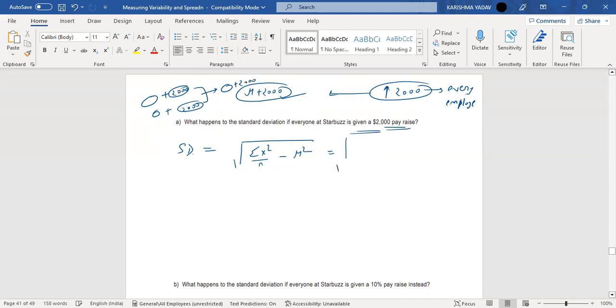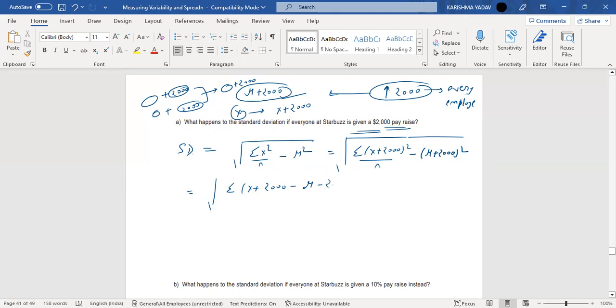So the result here is the mean is increased by 2000, that is mu plus 2000 whole square. Similarly, we have increased the pay from x to x plus 2000. So the formula is sigma x plus 2000 minus mu minus 2000 whole square divided by n, right?